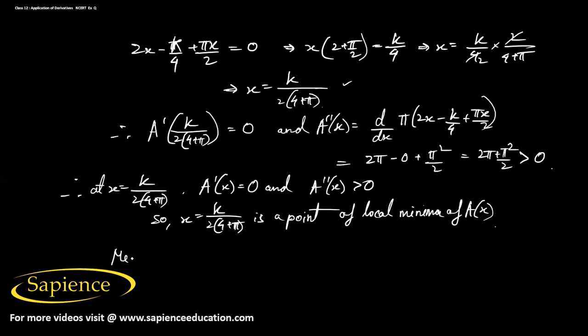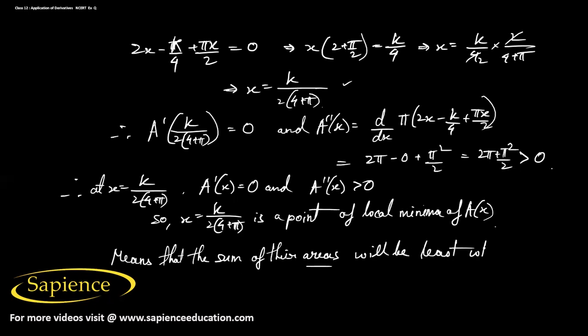It means that the sum of the areas of the circle and the square will be the least when the radius of the circle x is equal to k by 2 into (4 plus pi).